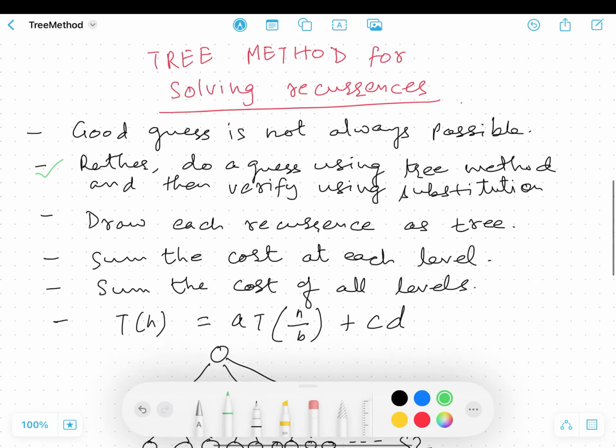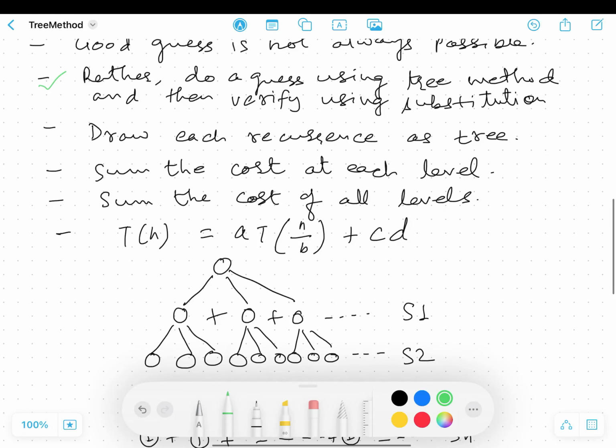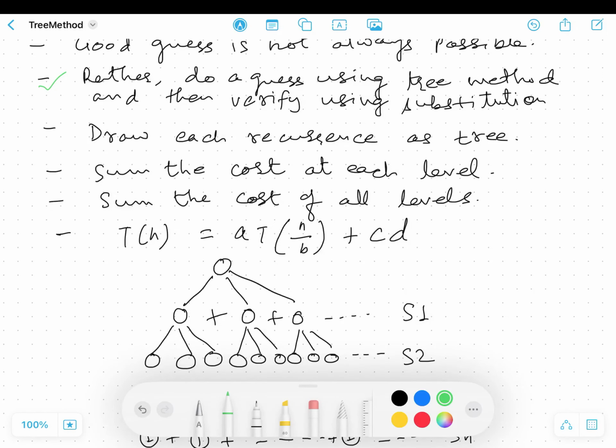So in the tree method, what we do is we divide the problem and draw the problem as a tree.